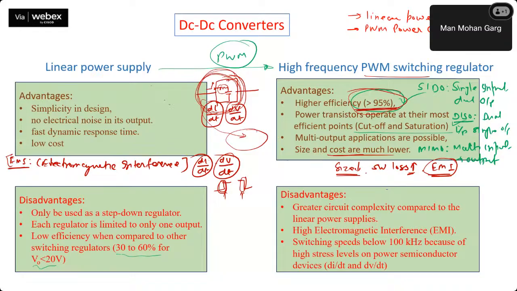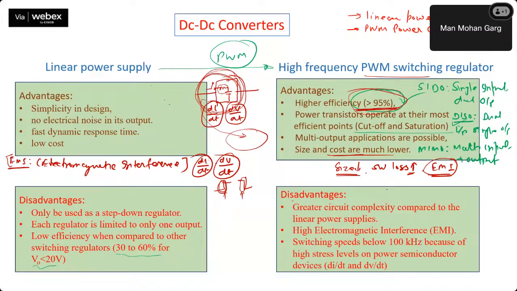It's a tradeoff. It's not that I can keep any frequency in megahertz just to reduce the size. If you reduce the size but converter performance is not satisfactory, then what is the use?